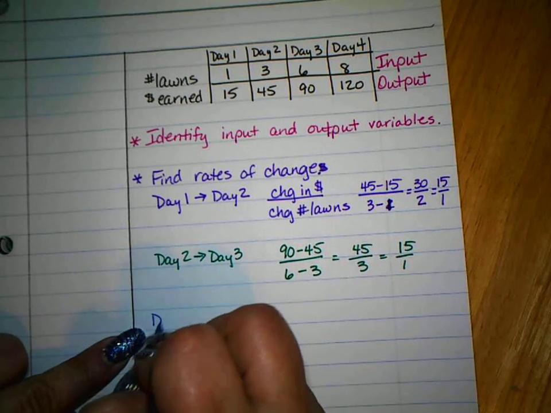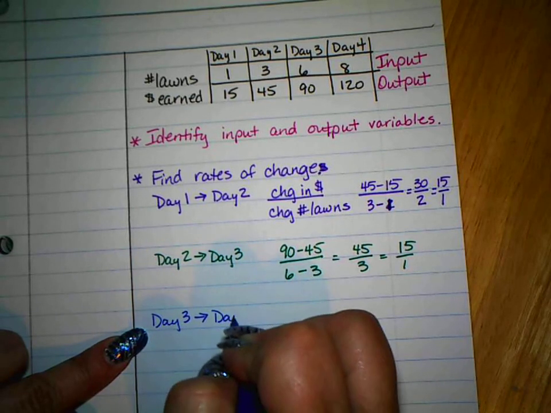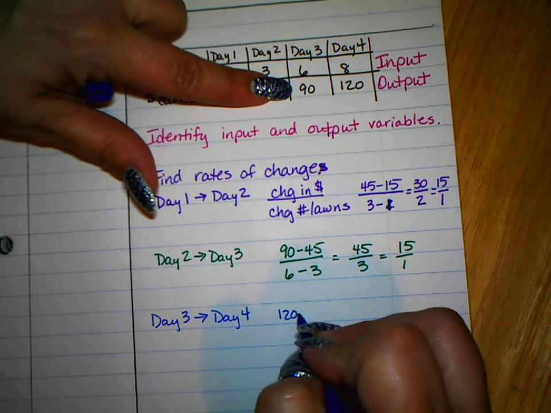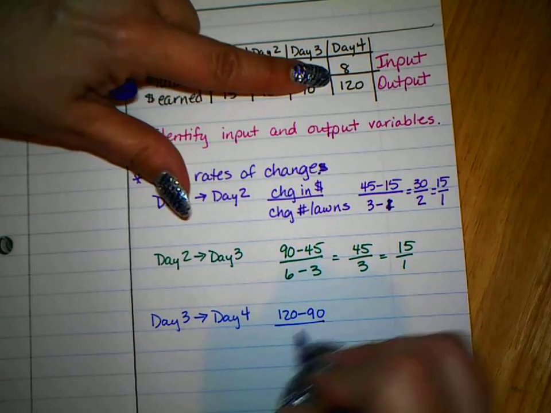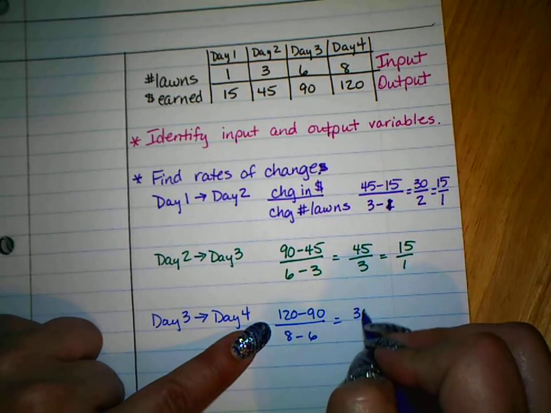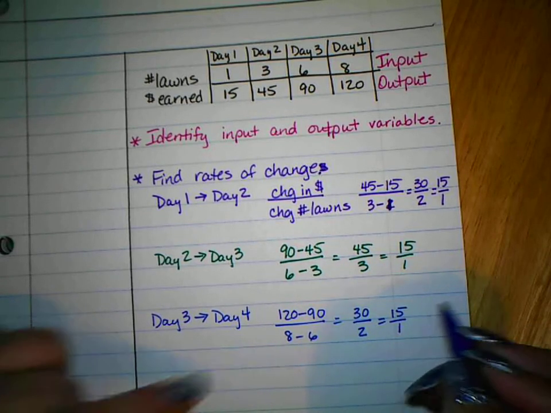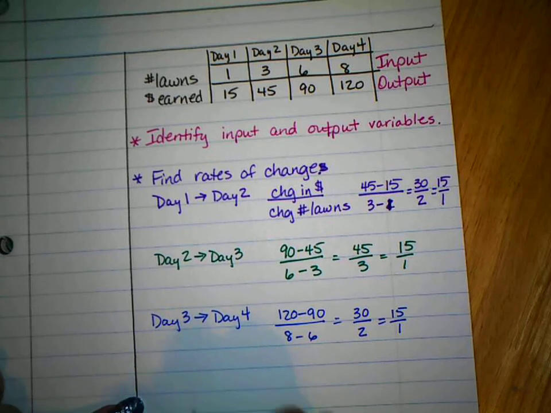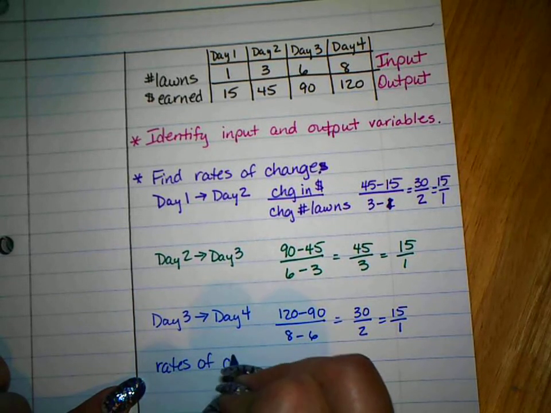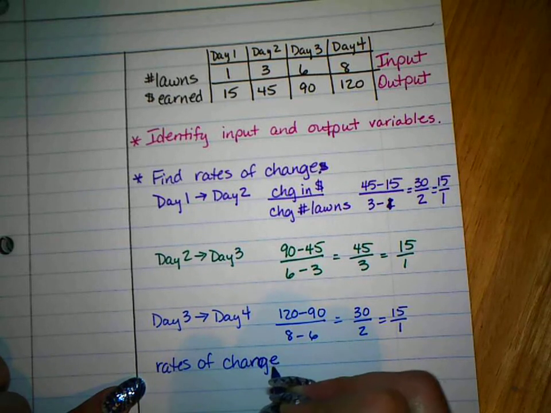And last we have day 3 to day 4, which is 120 minus 90 over 8 minus 6. We have 30 over 2, which again is 15 over 1. So the rates of change are constant.